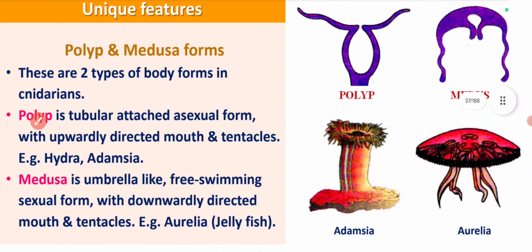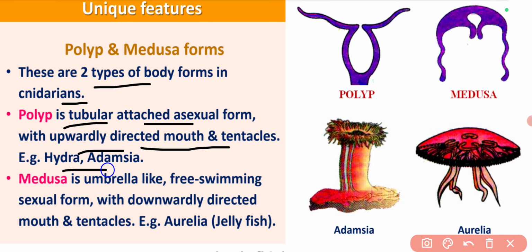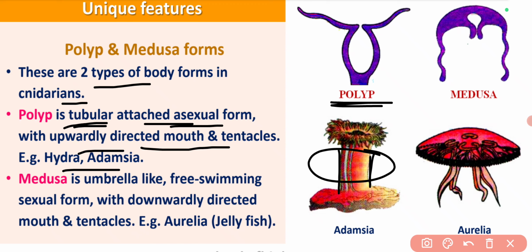Polyp and medusa form: there are two types of body form in the phylum Cnidaria. Polyp is a tubular, attached, asexual form with an upwardly directed mouth and tentacles. Example: hydra, adamsia. Polyp means you can see a tube-like structure like this, attached, the asexual form.